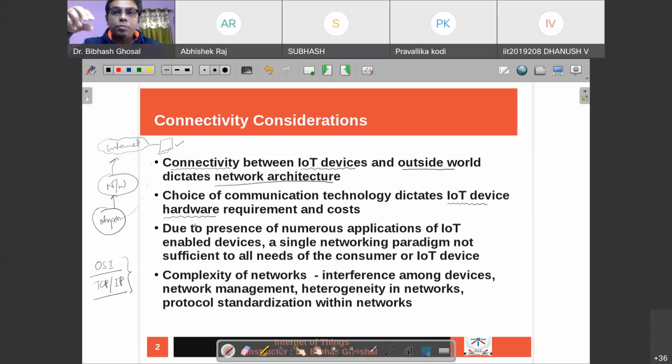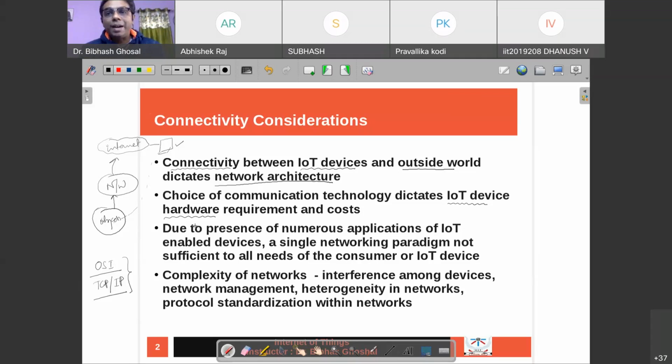You start from what kind of an application are you trying to build. That will have its own requirement, what is the area to which this particular IoT based system will cater to, what kind of an environment is it, and depending on that you decide the communication technology.